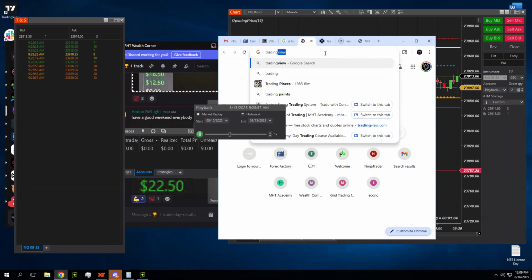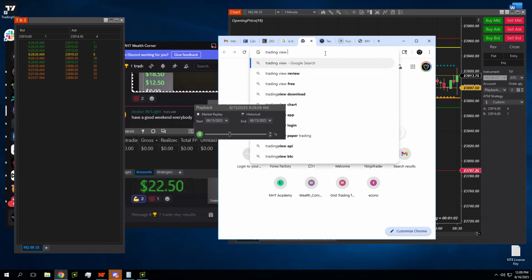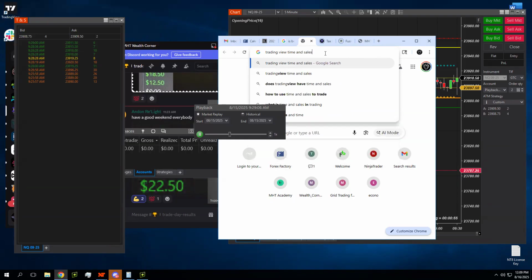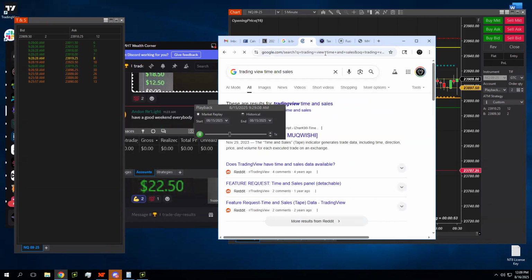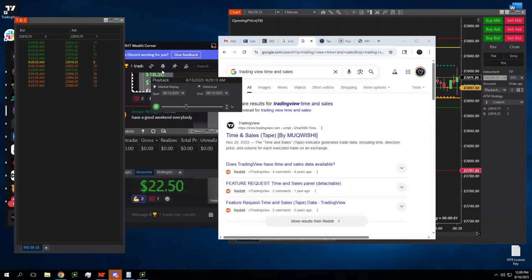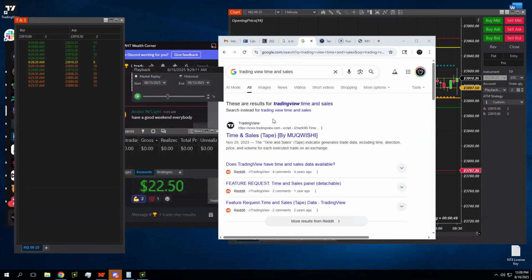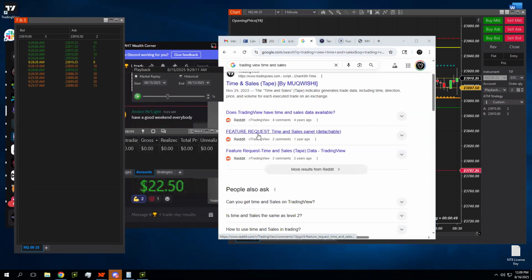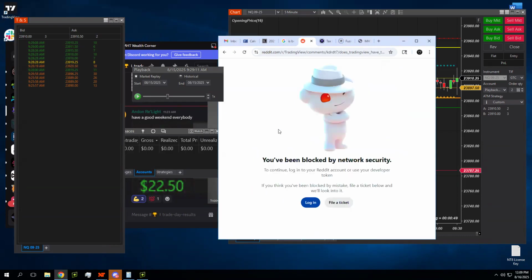Yeah, TradingView, TradeStation, Tastyworks, or Tastytrade. I was just asking. Let's see. TradingView time and sales. Does TradingView have time and sales data available?